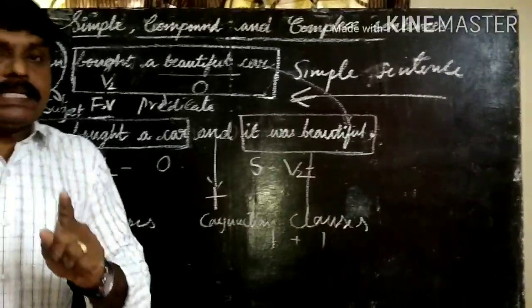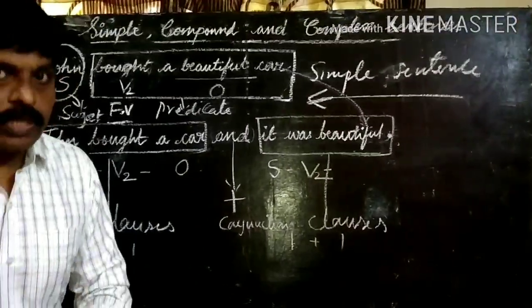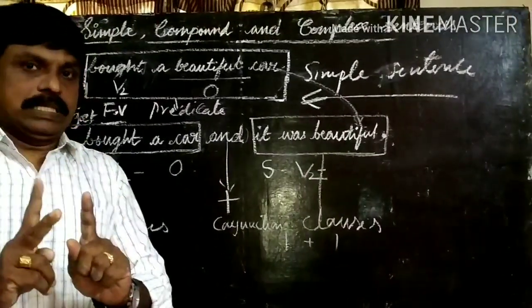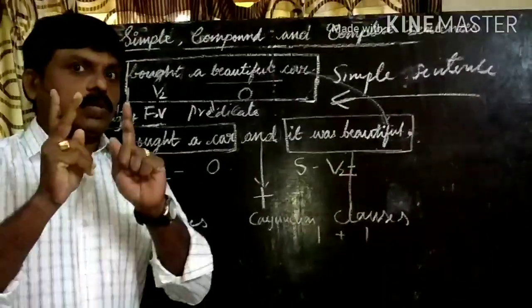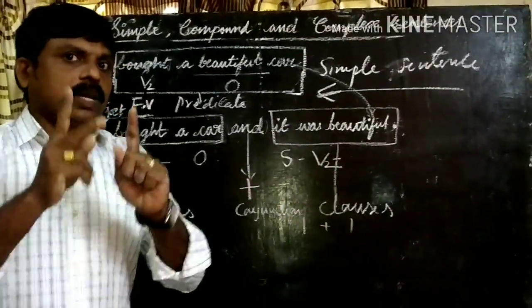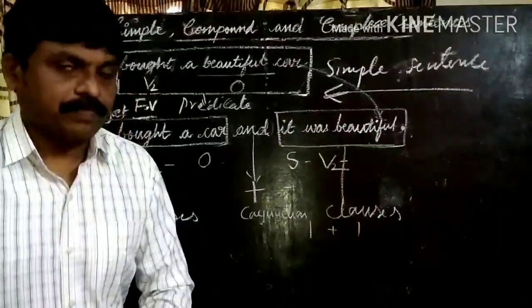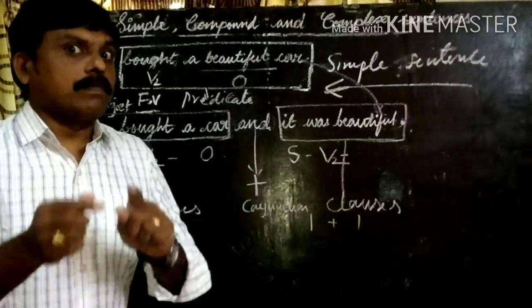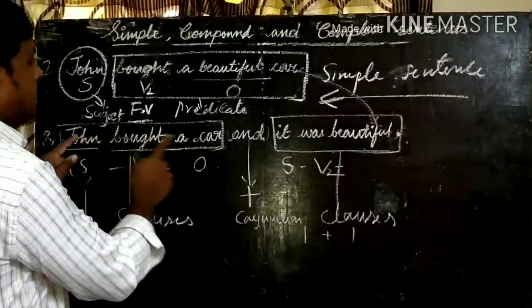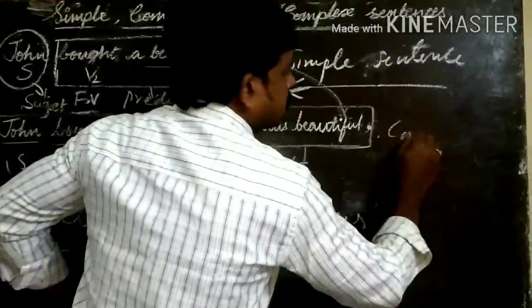Thus, a sentence that consists of two clauses, each one of which has a subject and a predicate, connected with the coordinating conjunction, that is called a compound sentence. This is called a compound sentence.